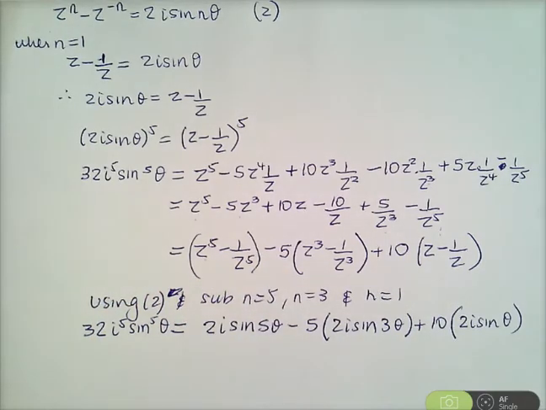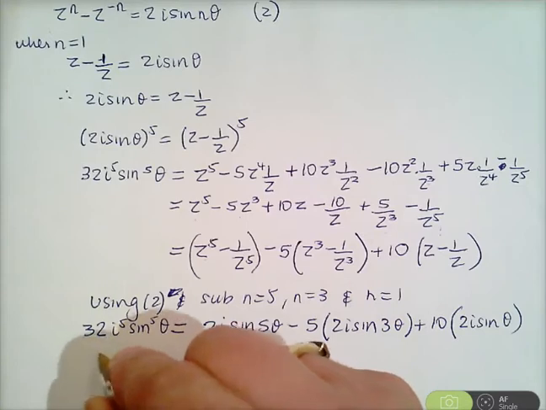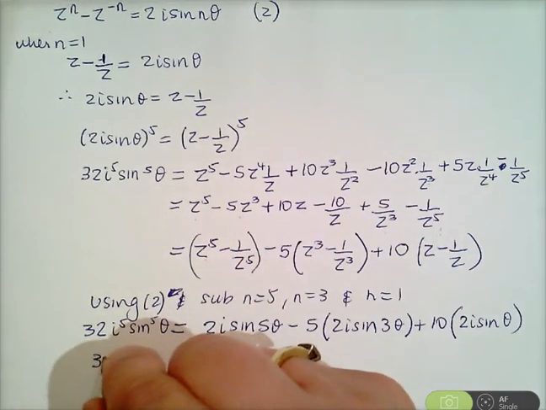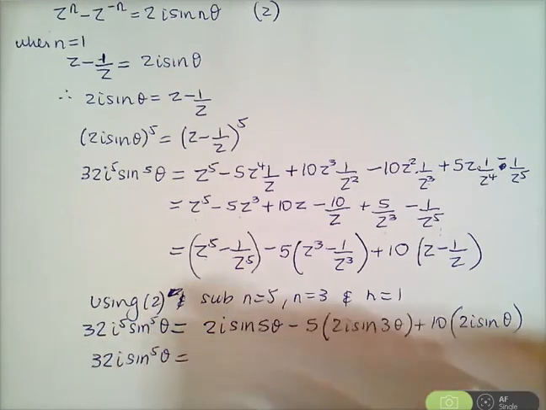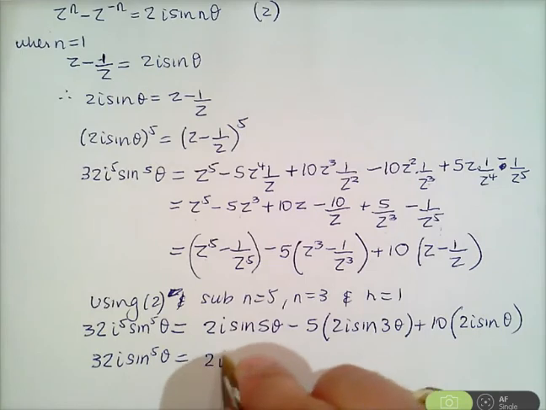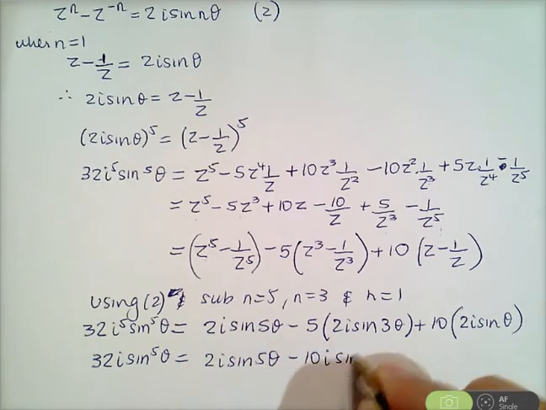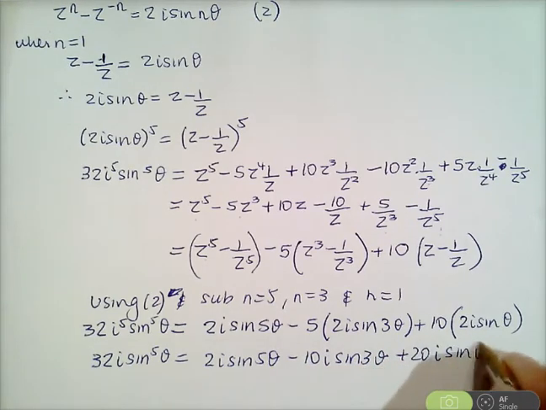Now we know that i to the power of 5 is i squared times i squared times i. Now i squared times i squared is negative 1 times negative 1, which is positive 1. So therefore this is 32i sine to the power of 5 theta. Now that equals 2i sine 5 theta minus 10i sine 3 theta plus 20i sine theta.